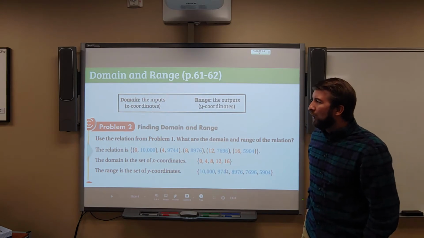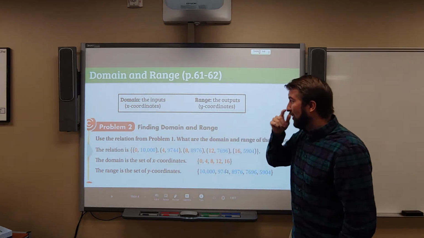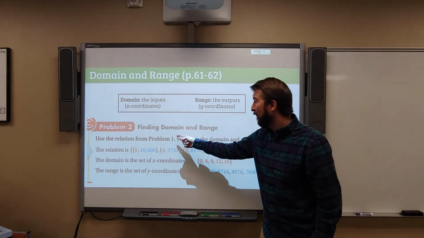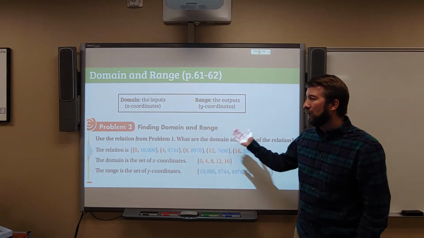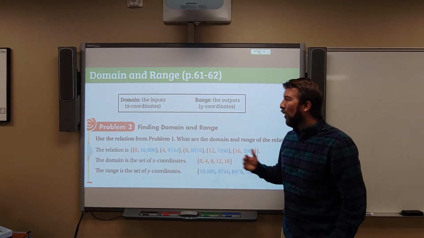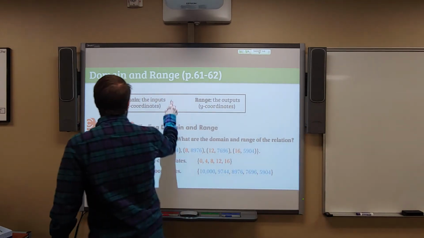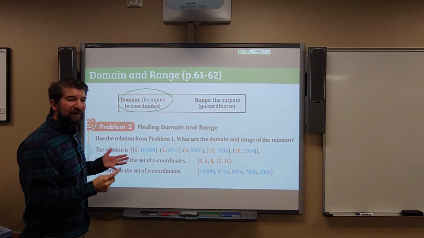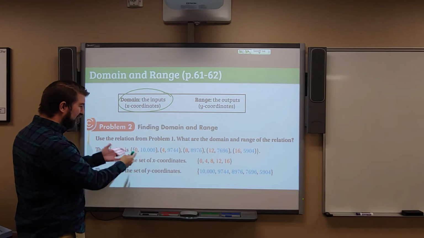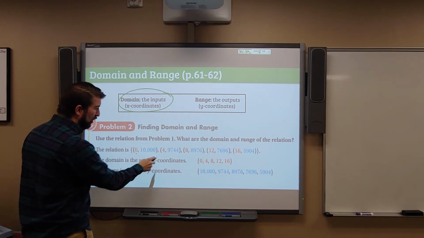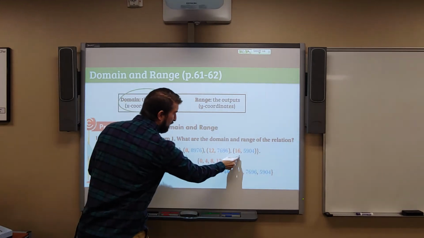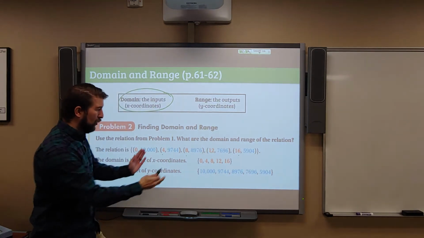I think you'll learn this, but I'd recommend writing that down anyways. All right, so focusing more on domain and range, it says find the domain and range of these relations. So all you're going to do to find the domain, we're just looking for the x coordinates. All these, they've already highlighted them in orange. All these x coordinates, those are our domain. So we would just write them.